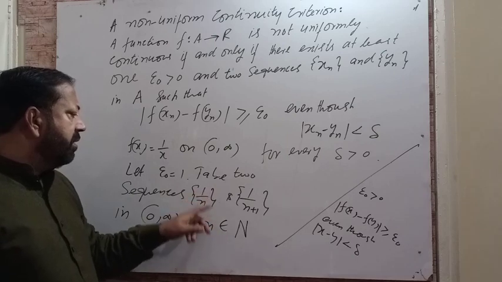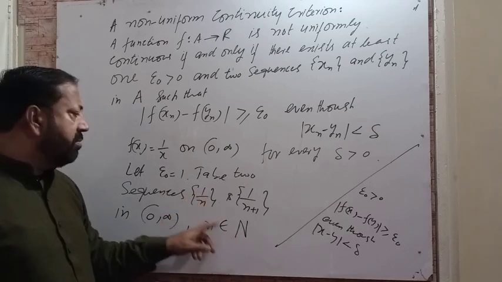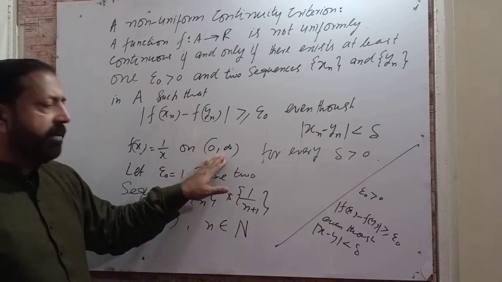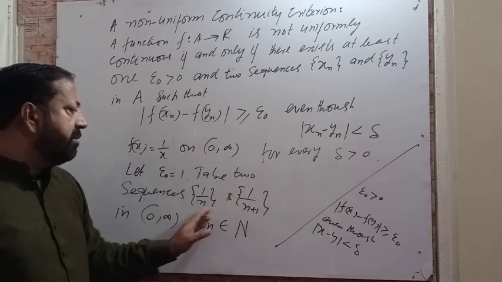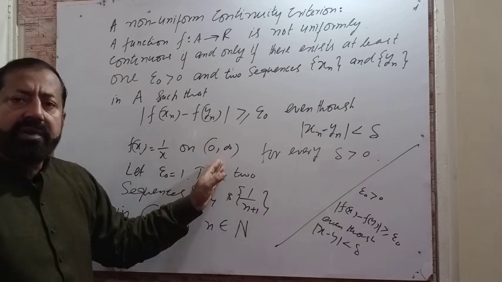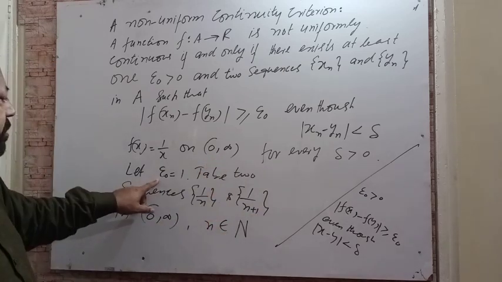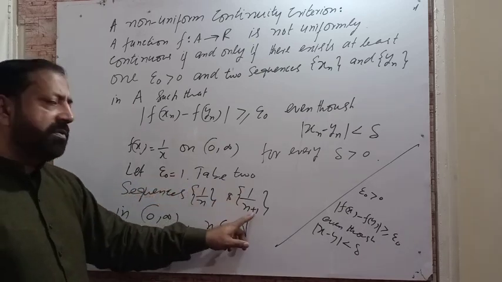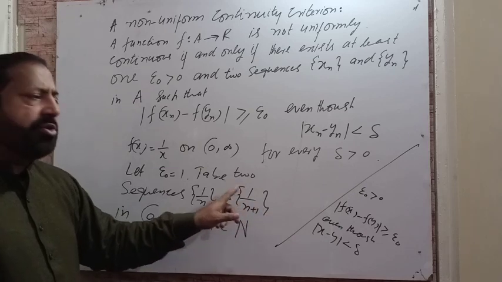If you substitute any natural number, then 1 over n is in this domain, and 1 over n plus 1 is a similar sequence, also in (0, infinity). So I have chosen epsilon naught equal to 1 and the two sequences 1 over n and 1 over n plus 1.